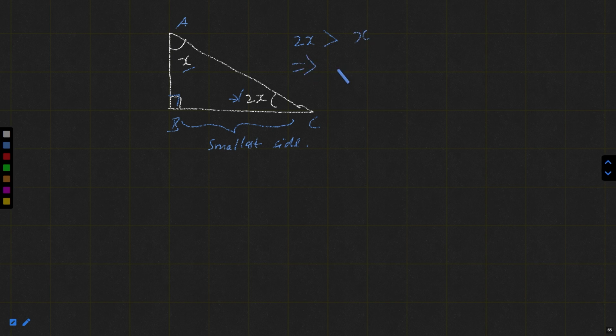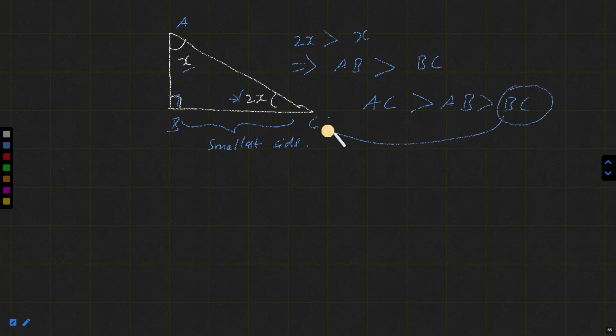This means the side opposite to 2x, which is AB, must be greater in length than the side opposite to x, which is BC. And AC is the longest side. So AC is greater than AB is greater than BC. This means BC is my smallest side. I hope this is clear.